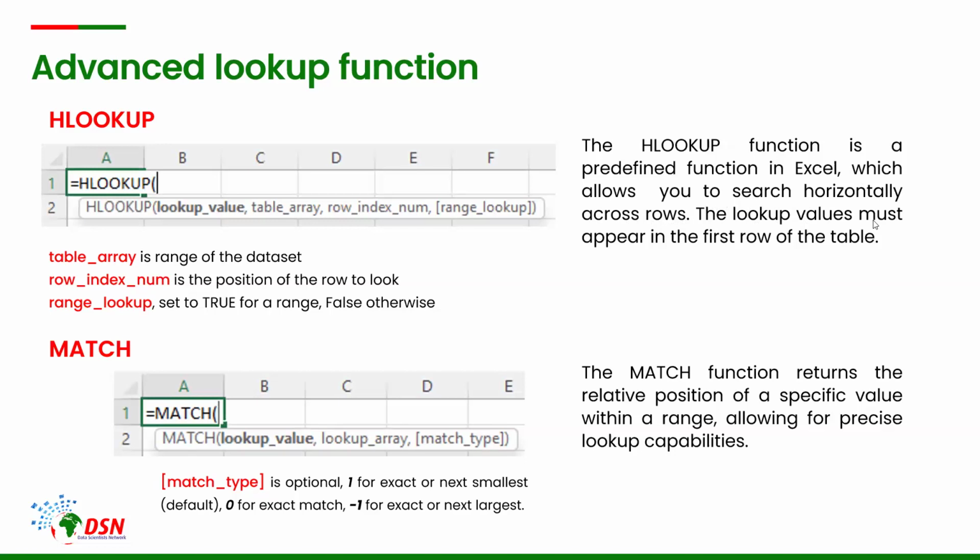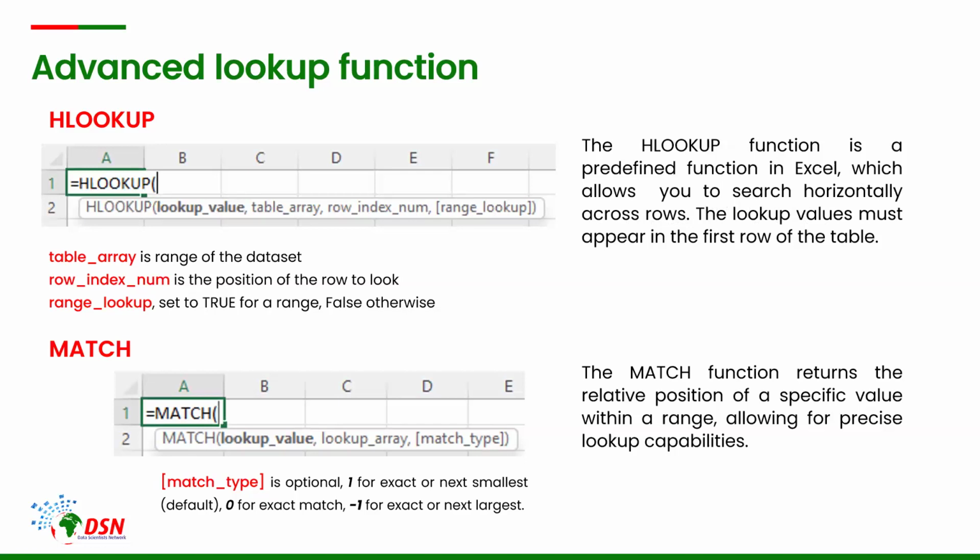The lookup value must appear in the first row of our table. Now, this is where it gets a little bit technical, where people don't like HLOOKUP. People are used to VLOOKUP more, and they don't really look into HLOOKUP. But HLOOKUP is also very similar to VLOOKUP.